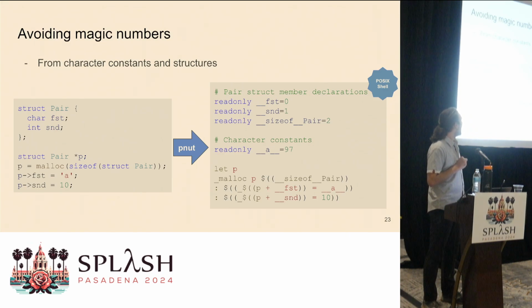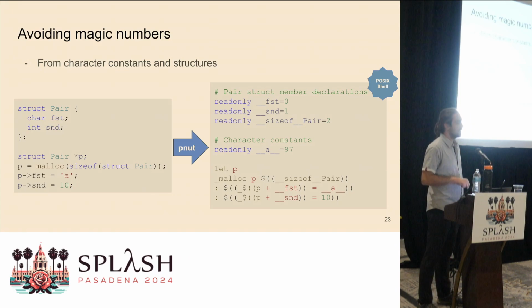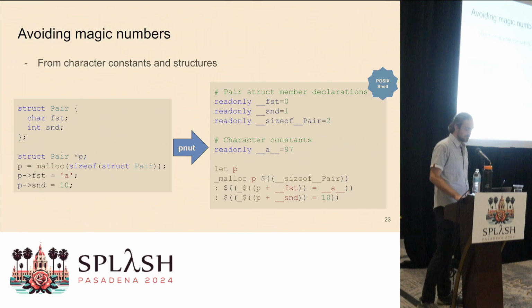And then for structure field offsets, we do the same. The first field of a structure is at offset 0. The second one is at offset 1. And we do the same thing for the size of the structure. So whenever you read or write a C structure, we just refer to that variable.